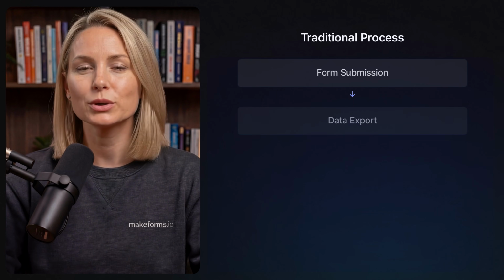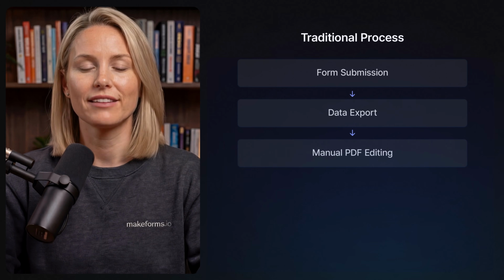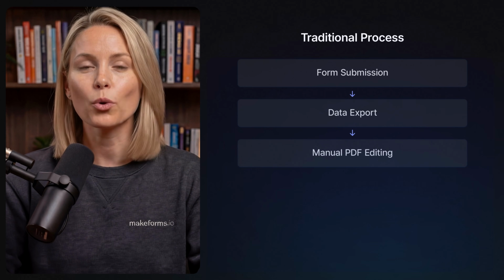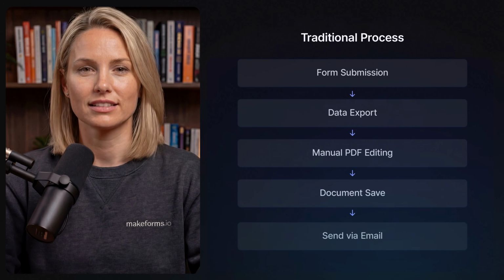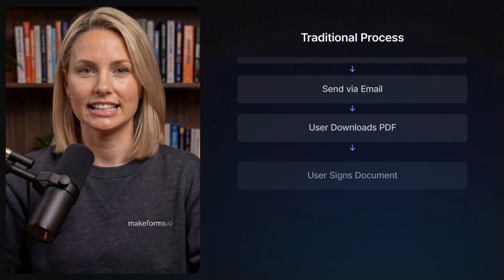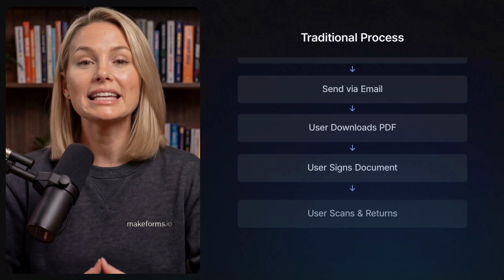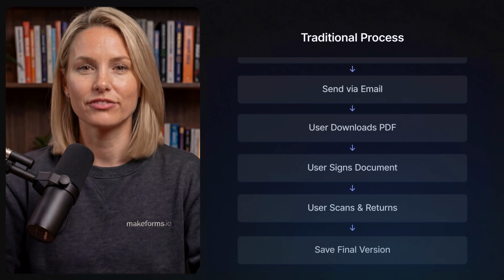Now that we have seen how amazing MakeForms is at automating PDF generation at scale, think about the traditional process for a second. Someone fills out a form, you export the data, you open your PDF editor, you manually type or paste information into fields, you save it, you email it to them, they download, sign it if they know how, scan it back to you, you save that version.